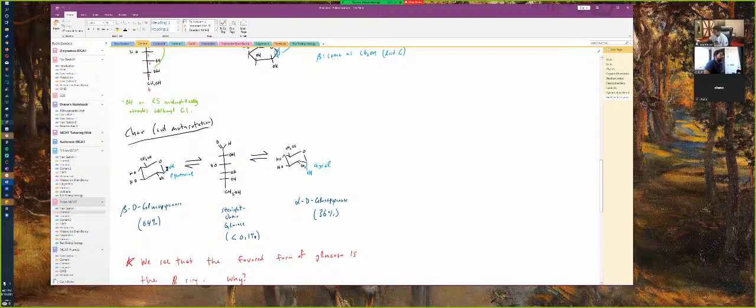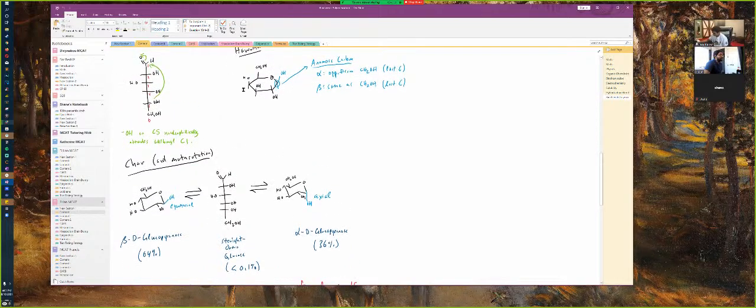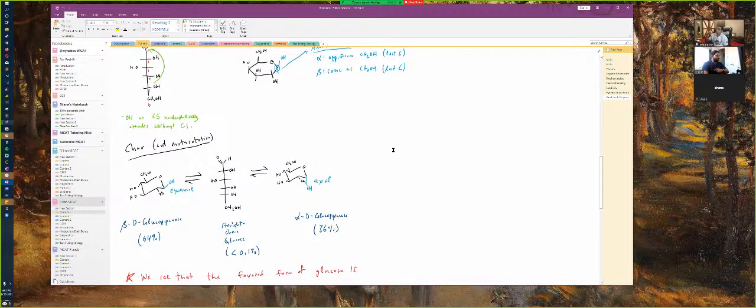It's essentially a 6 carbon ring, but if you imagine it in 3 dimensions, like this part bending upwards and this part tipping down, it looks like that. So that's called a chair.